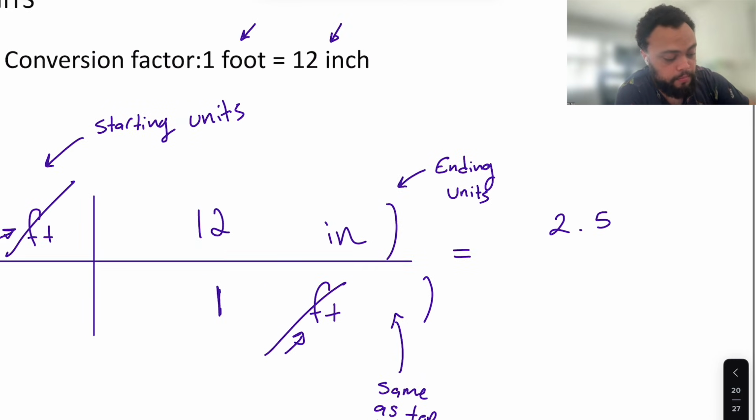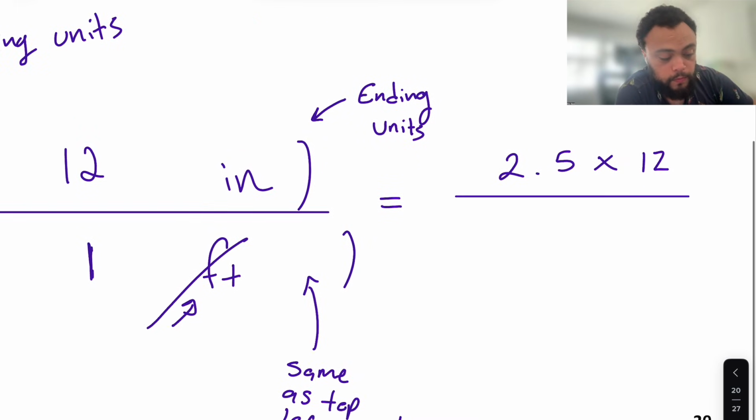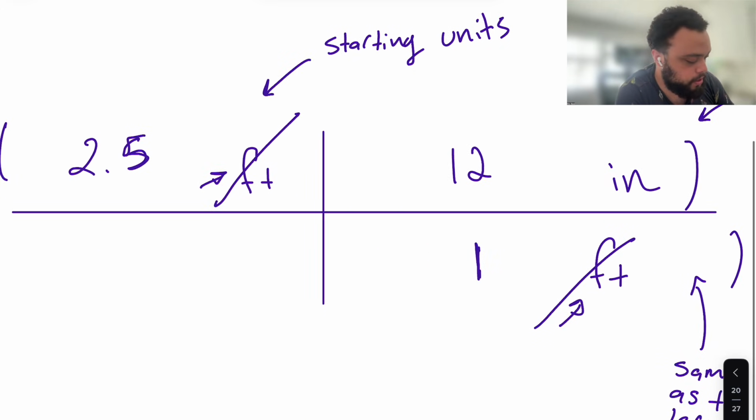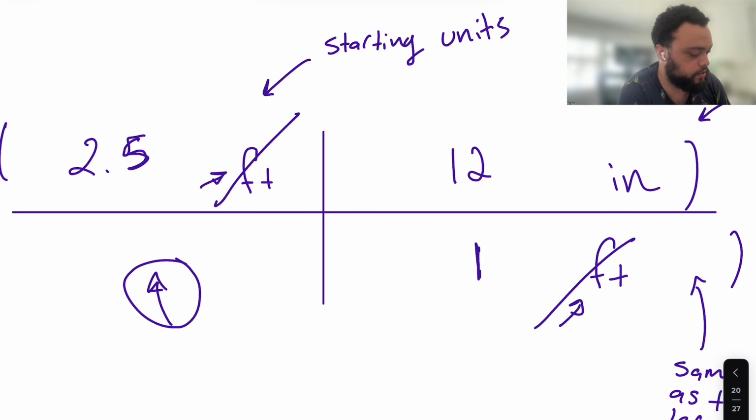Multiply everything on top, 2.5 times 12, and divide that by the number on the bottom, which is just 1. We can imagine that this is a 1 with no units if you'd like, but really, you can just ignore it if there's nothing in this box.